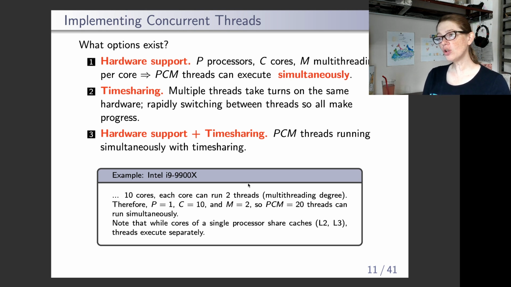The total number of threads you can execute in parallel is equal to those three numbers multiplied together. So if you have one CPU with 10 cores, and each core has 2 threads, then your degree of multi-threading support is 20. My laptop, which I'm using to run these episodes, is a Core i9. It has 6 cores, and each core has a degree of multi-threading equal to 2. So I can run 12 in parallel.